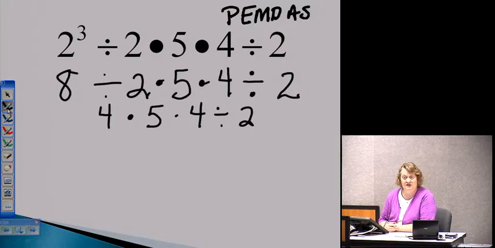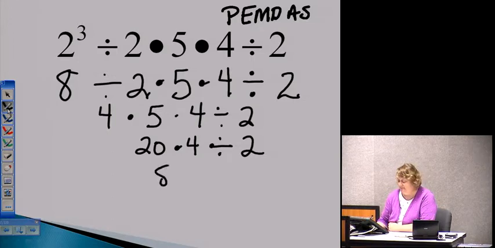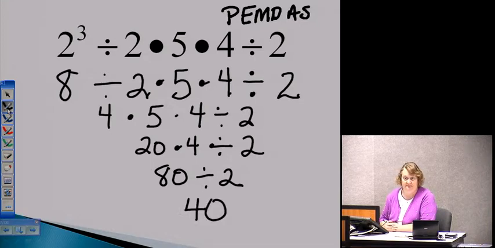Then I do the multiplication that comes next as I read from left to right. 4 times 5, 20 times 4 divided by 2. 20 times 4 would be 80. 80 divided by 2 would be 40. And again, we gave those priorities from left to right, proceeding down and across.